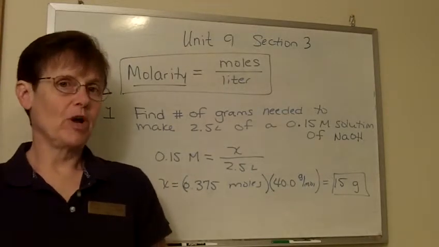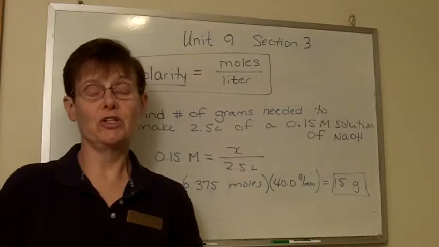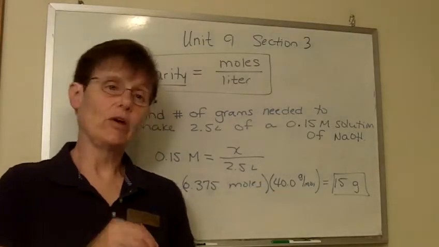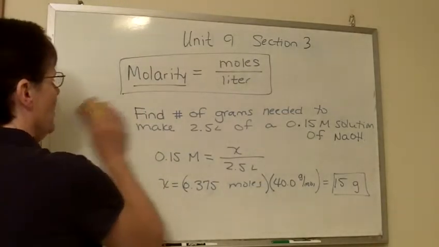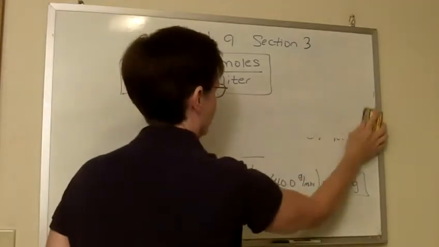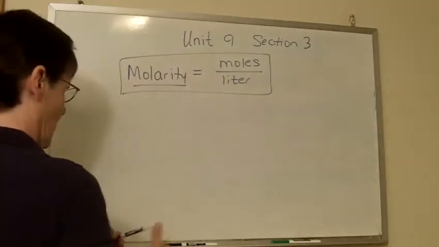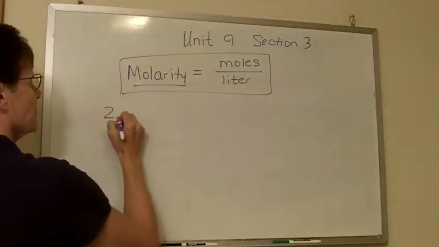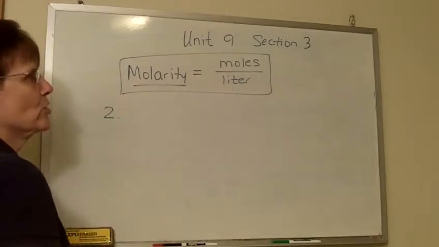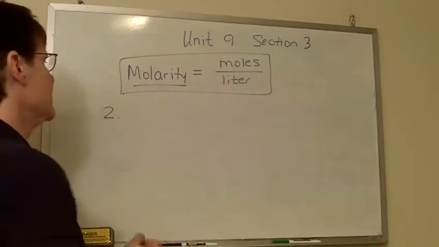Now the other type of problem is when they tell you how much you put into water and you figure out the molarity. So let's just make up one of those kinds of problems. Let's do sodium hydroxide again because that's easy.